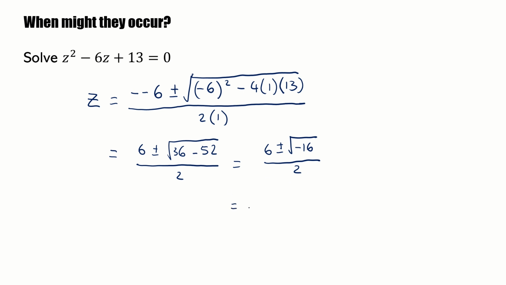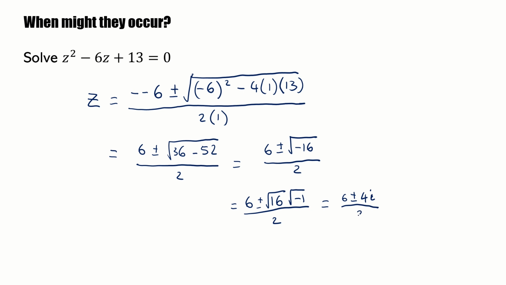The minus 16 inside the square root could be rewritten as the square root of 16 times the square root of minus 1. And the reason we like to do that is because now we can rewrite this as 6 plus or minus 4 lots of i, because the square root of minus 1 is i.